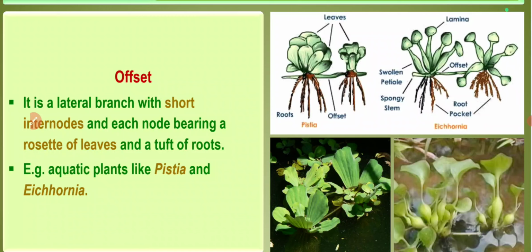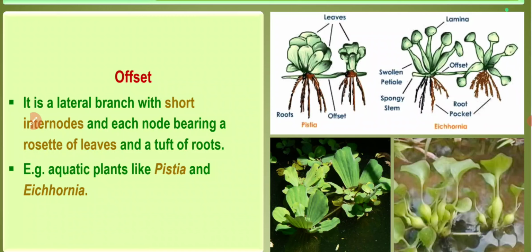It is a lateral branch which grows side by side with short internodes. Rosette means a circular arrangement of leaves or other organs. And tuft of roots means a bunch or cluster of small, soft and flexible parts.